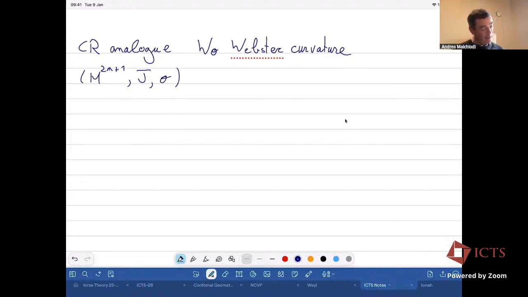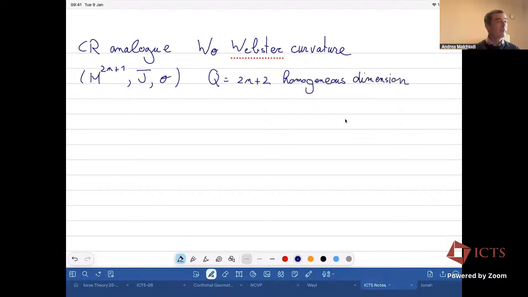I call Q = 2n+2 the homogeneous dimension, because we saw that here the contact plane has dimension 2n. So 2n directions are just like the Euclidean, but the missing direction counts twice in homogeneity. So the homogeneous dimension is one more than the topological dimension.